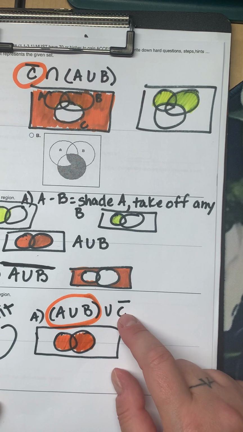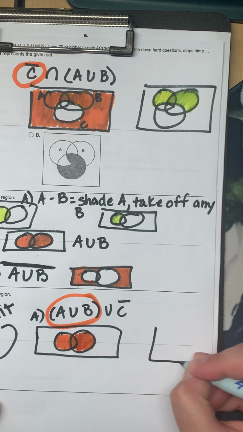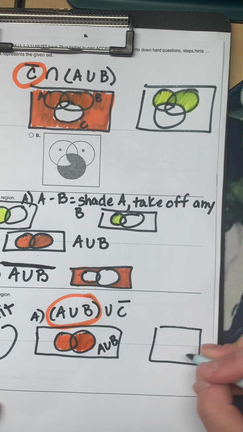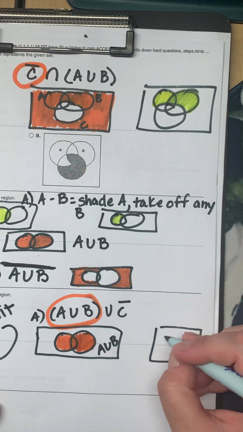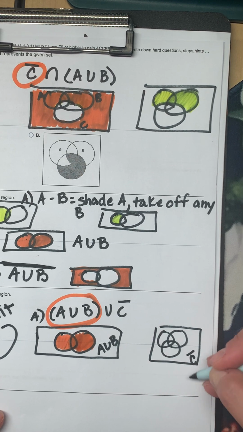Okay, now let's figure out what this C bar is. So this first piece is the A union B. Now we're going to figure out what the C bar is. The C bar means everything but.